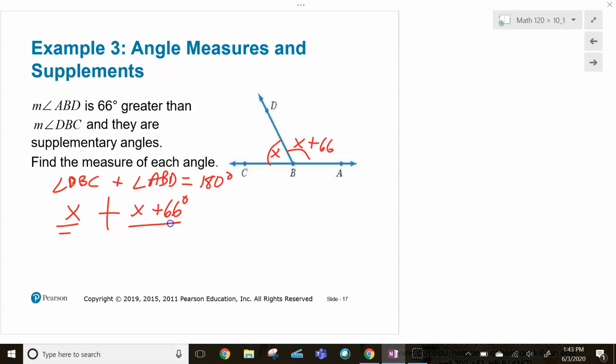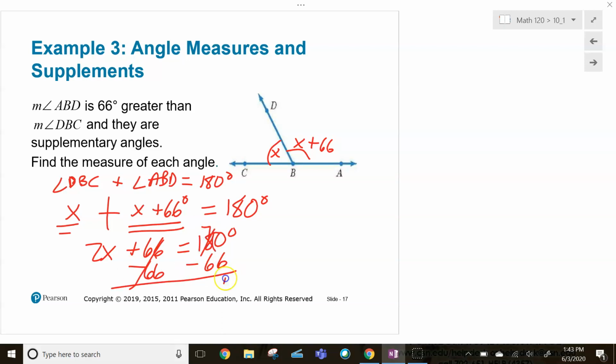So X plus X plus 66 equals 180. X plus X is 2X. Subtract 66 and you get 114, so 2X equals 114.